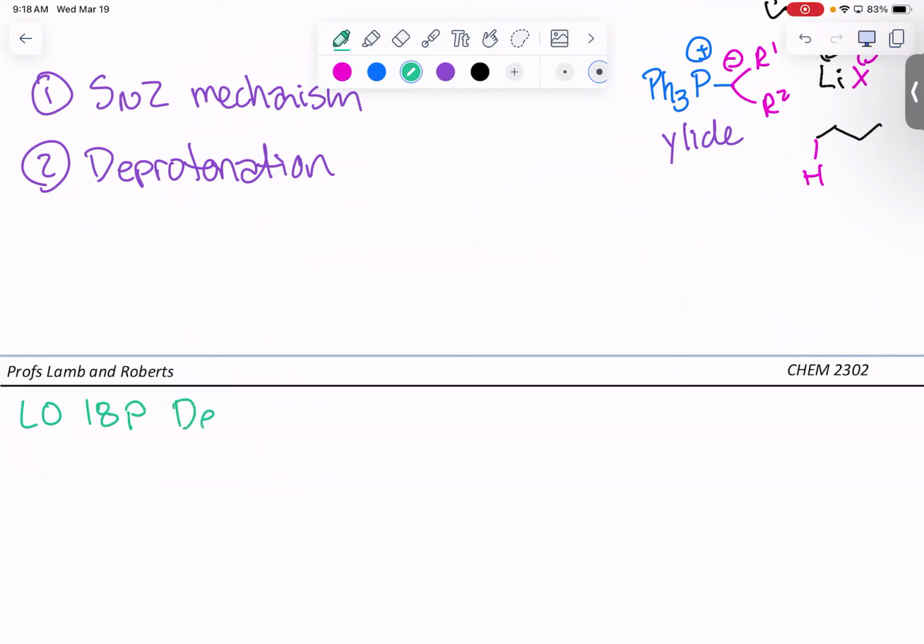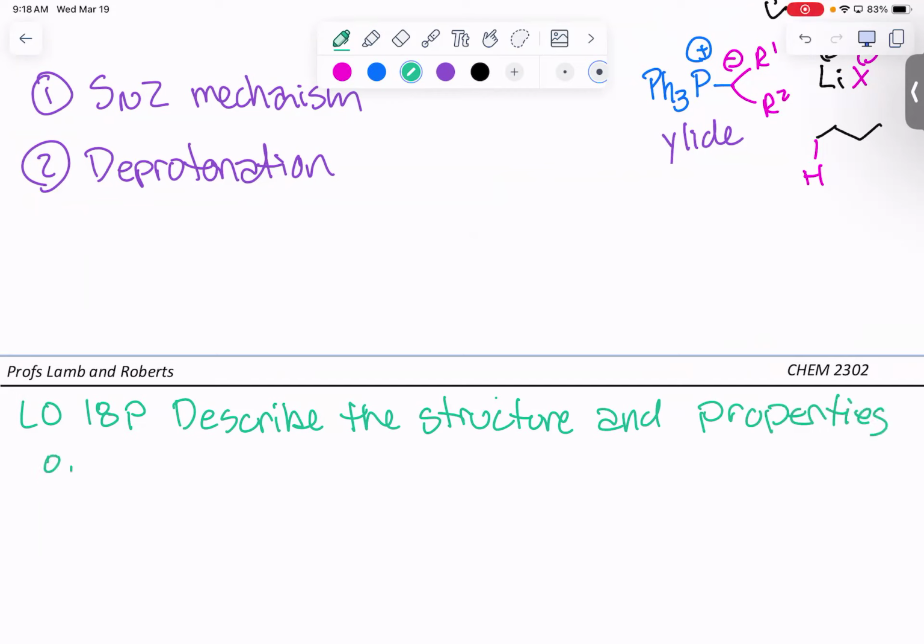That learning objective is to describe the structure and properties of ylides. Right, I mean, these are kind of interesting looking molecules that we haven't seen too much before.